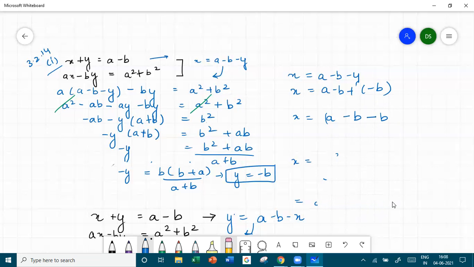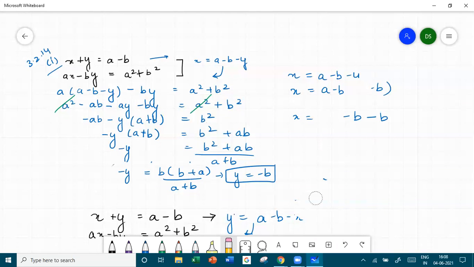No, again sign change. Okay, if in case you got the same answer as me, then you must have also made a sign mistake somewhere. Just check once.